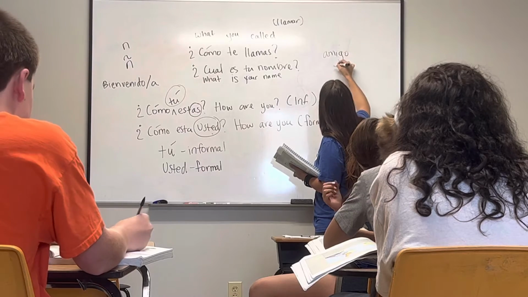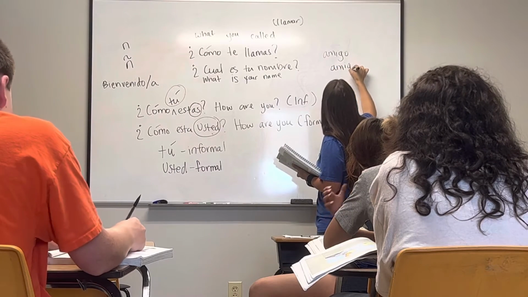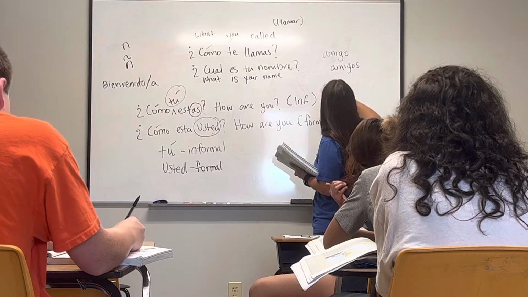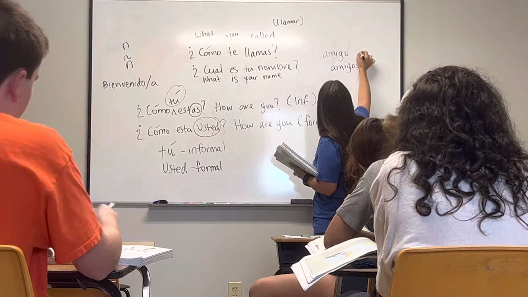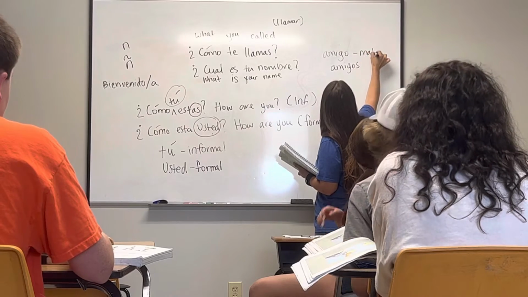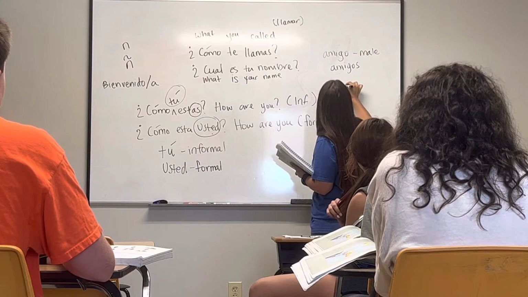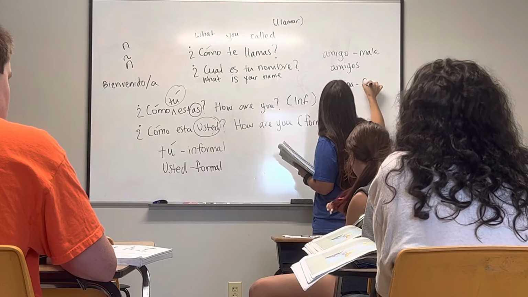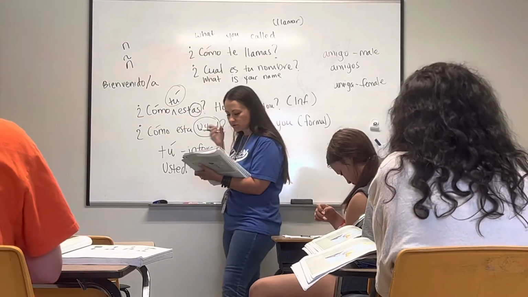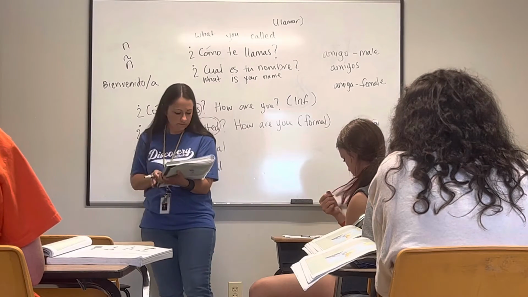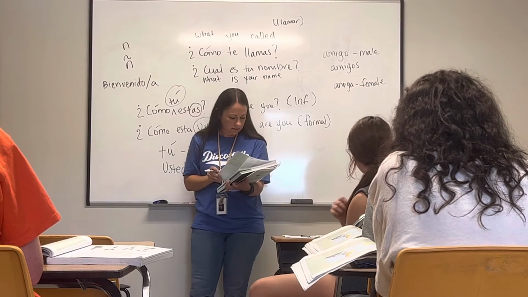Amigo for one male friend, amigos for plural. O is male or masculine, A is female or feminine, and those are just clues for you to understand what you're doing there.